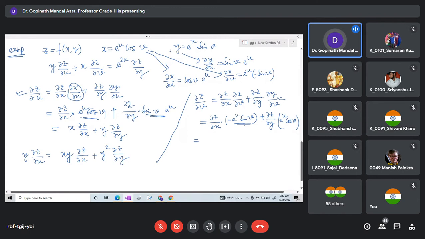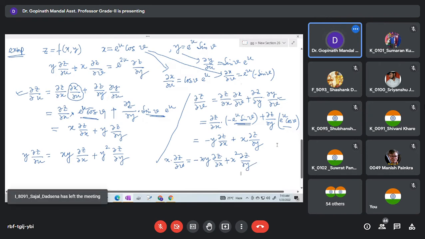So this is e to the power u sin v. E to the power u sin v is y, so minus y ∂z/∂x plus this is x into ∂z/∂y. Now x into ∂z/∂v, this value will be minus xy ∂z/∂x plus x² ∂z/∂y.